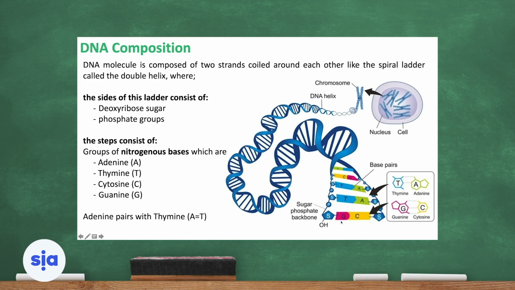If you notice, the adenine will always pair with the thymine, and the cytosine will pair with the guanine. It's always like this. This is the composition, or the structure, of the DNA.